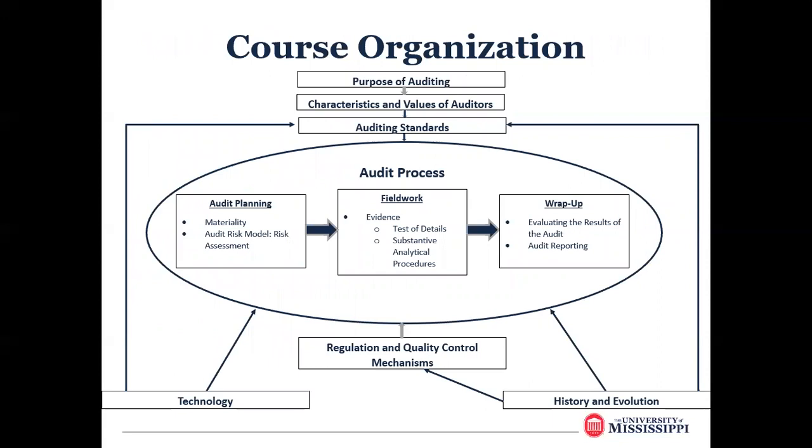Okay. Now, the way this course is organized, or at least the way that I think of the modules as being organized, is consistent with the way in which an audit flows. The first part of the course, we're going to focus on things that are outside of the individual audit and things that are part of the environment in which auditing is occurring. And so we're going to focus first on the purpose of auditing and why we have auditing and what we're trying to accomplish with auditing.